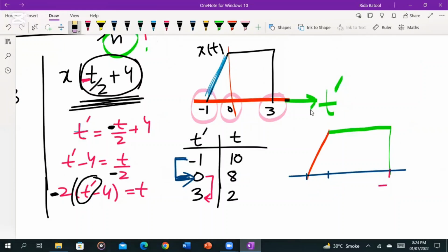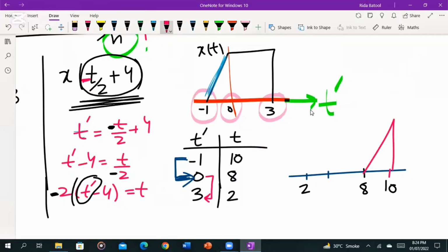It's tricky, it will get flipped. 10, 8 and 2. From 10 to 8 there will be a slope and then the drop will come. Like this.